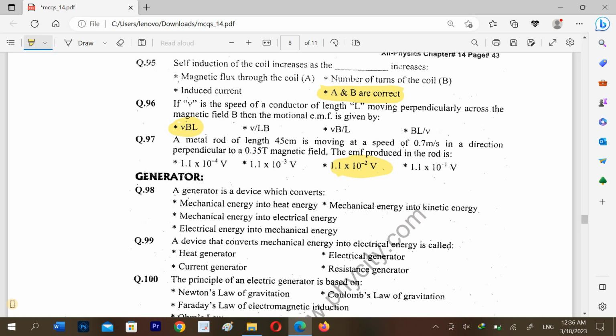A generator is a device which converts mechanical energy into electrical energy. A device that converts mechanical energy into electrical energy is called electrical generator.